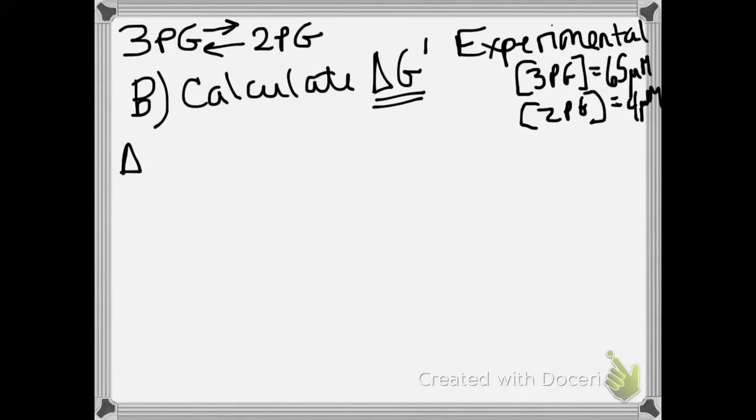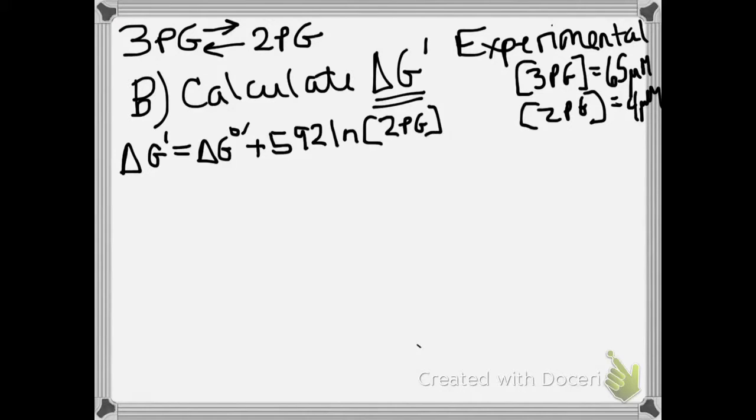But delta G is equal to the standard free energy change plus 592 times the natural log of 2PG over 3PG.